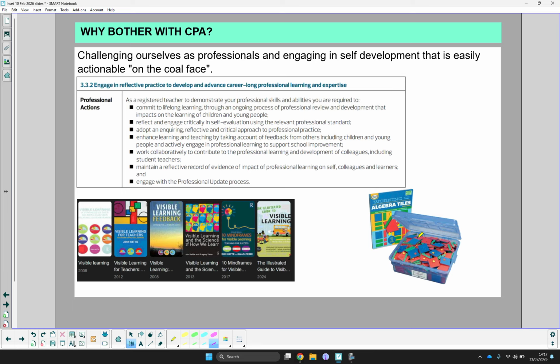But rather than reading the latest tome from somebody like John Hattie, which I struggle to engage with, I find working with something that's easily actionable, on the coalface, and directly relatable to my subject, I've been really keen to engage with it.